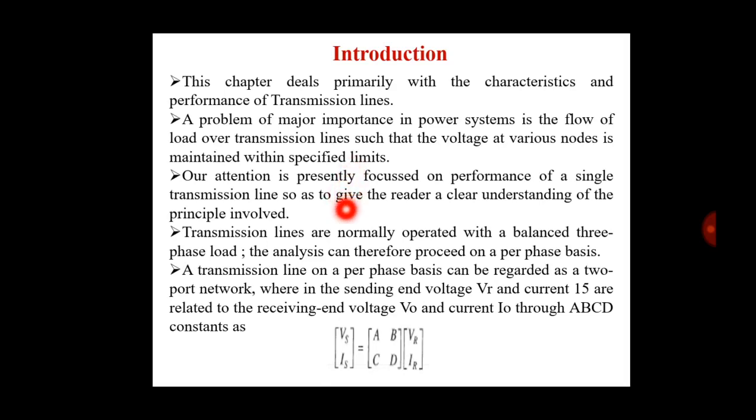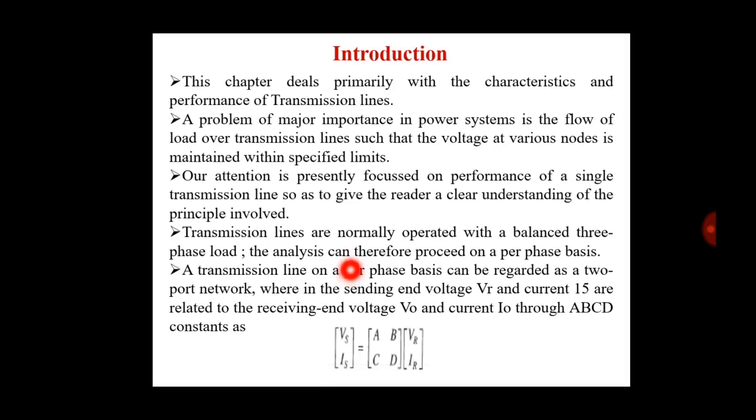Our attention is presently focused on the performance of a single transmission line. So first we focus only on the performance of a single transmission line, and we assume a three-phase balanced transmission line. So we find the performance on a per phase basis.